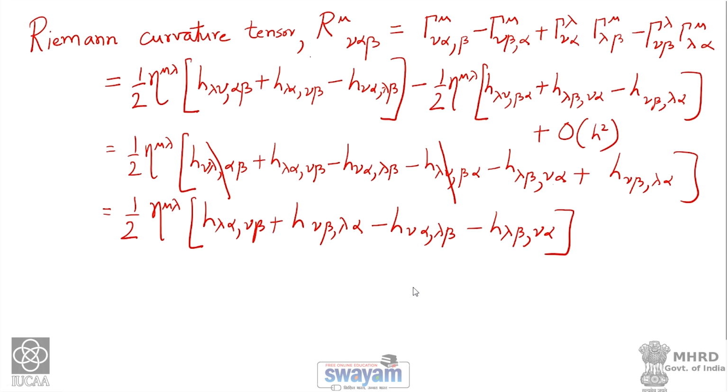Now, we want Ricci tensor, because in the Einstein equation it is the Ricci tensor and the Ricci scalar that appear. So, we have to express the Ricci tensor. So, R nu alpha by definition is you contract the upper index with the last index.